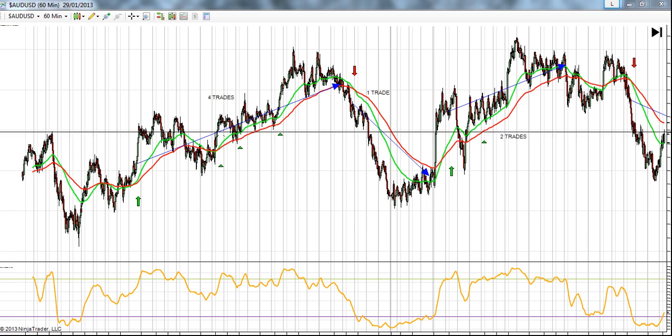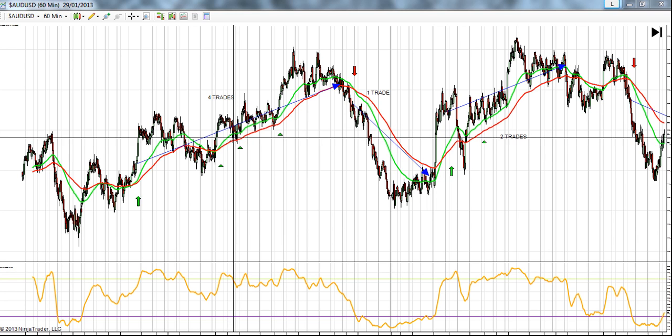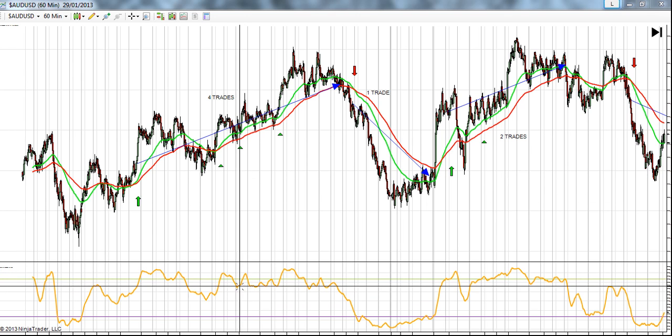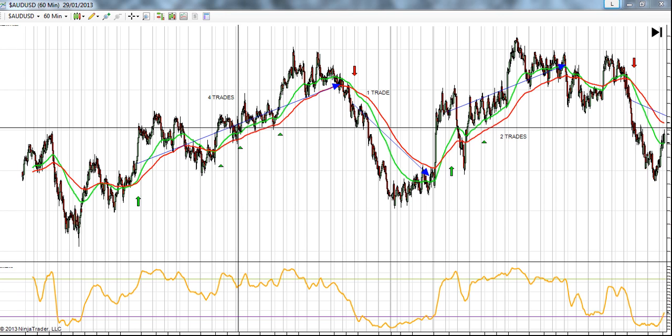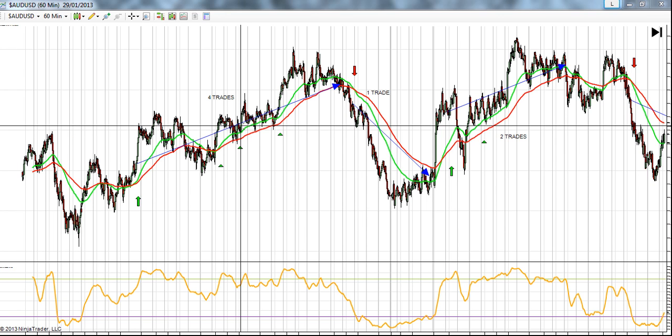Then we keep moving up and we get the same thing: price pulling back, coming back to the red, going through the green, coming back to the red around here, and then moving back up again, and at the same time our orange line comes down and moves back up again. So here's another position, and now we're on our third trade.